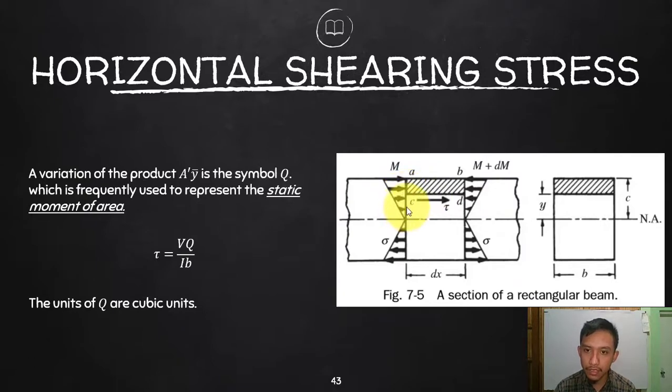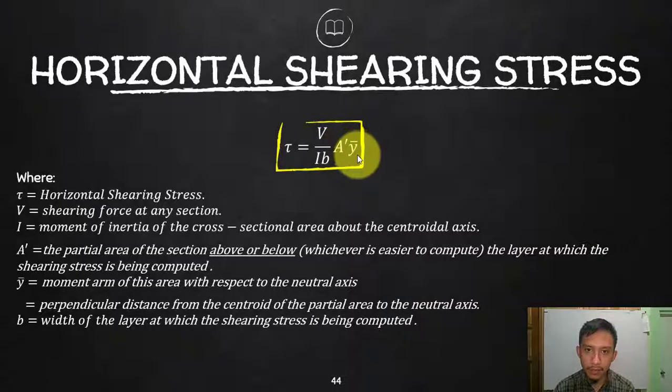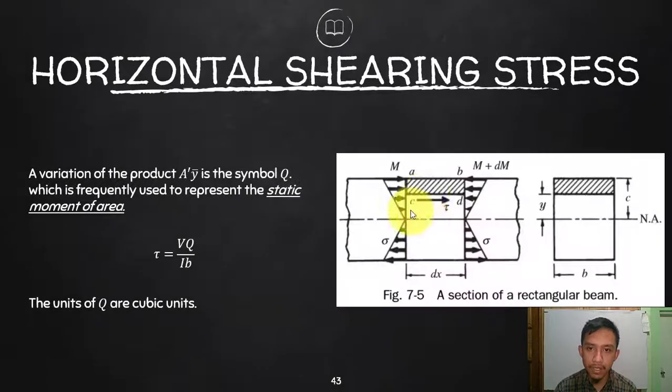If you consider a little bit below, the y bar will be smaller, because the centroid will be going down a little bit. So let's say somewhere here, your y bar will be smaller. Look at the formula: if that is smaller, your shear will be smaller. Same thing as bending or your flexural stress, your horizontal shearing stress is also proportional to the distance of the plane that we are considering with respect to the neutral axis.